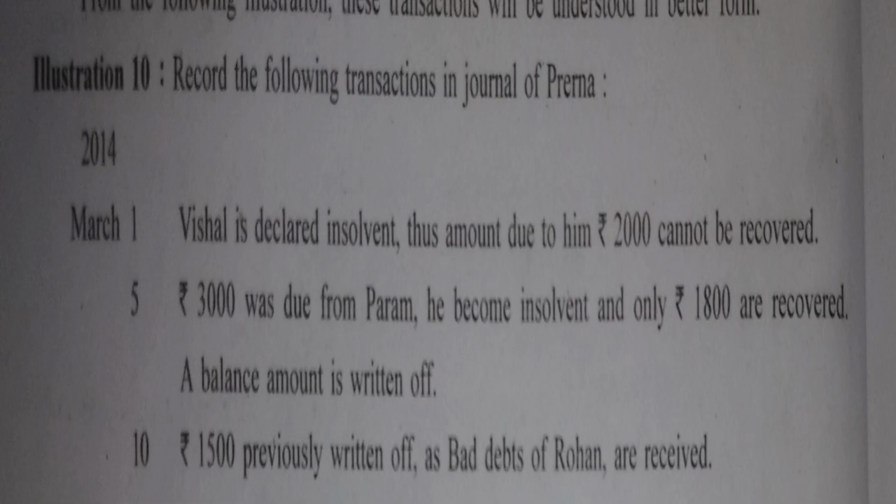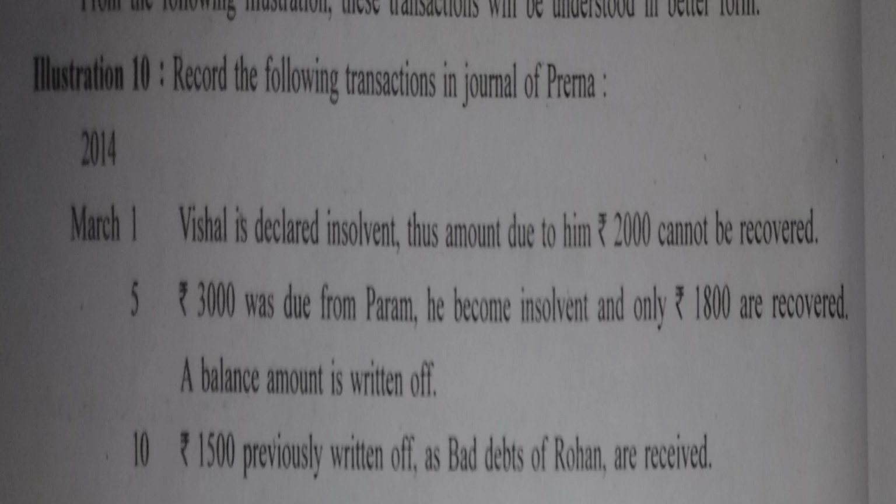Next and last. Rupees 1500 previously written off as bad debts of Rohan are received. See, whenever a debtor becomes insolvent, incapable of payment, his account is credited and closed.